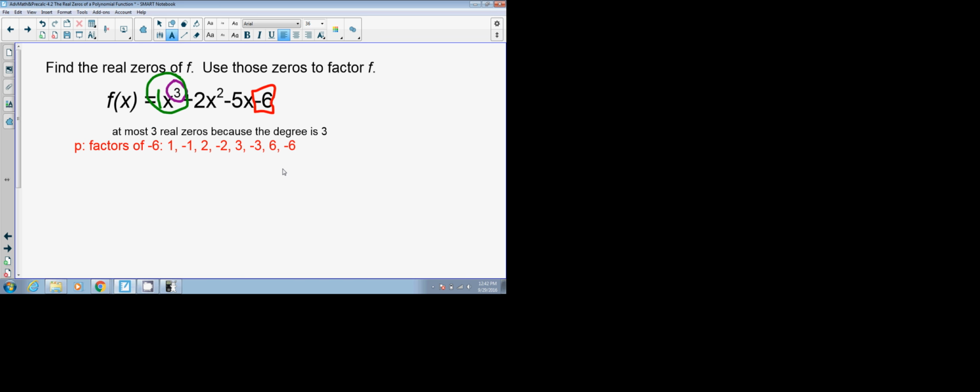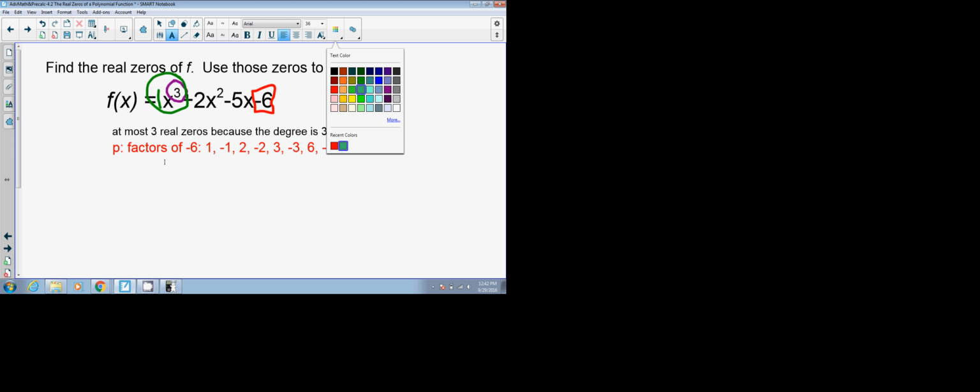So once we have our factors of the constant term, next thing we want to identify are the factors of the leading coefficient. And those factors are designated by Q.